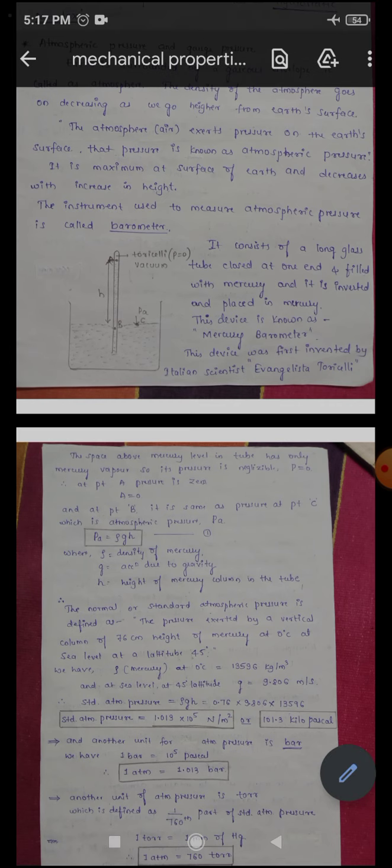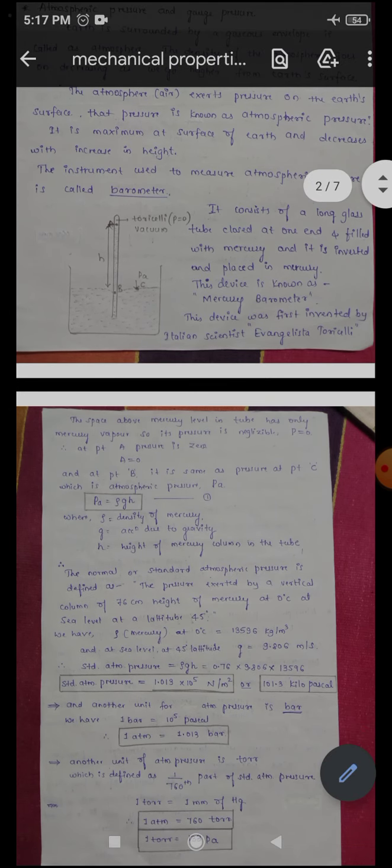The closed end is at the upper side and the lower side is the open end. So it is filled with mercury, inverted and kept in a mercury bath. This tub has mercury only, and the tube is placed inverted in the mercury. Because it has mercury inside the tube, this barometer is known as a mercury barometer.